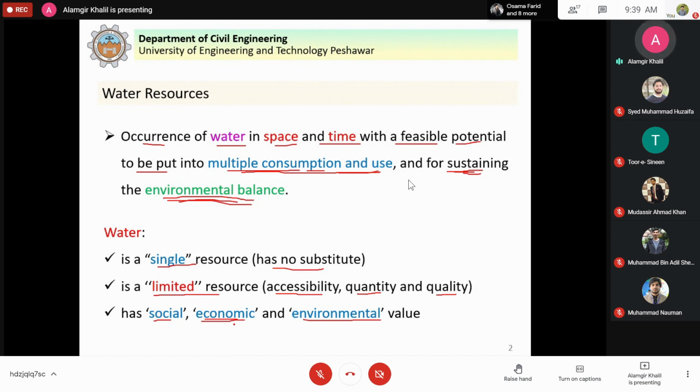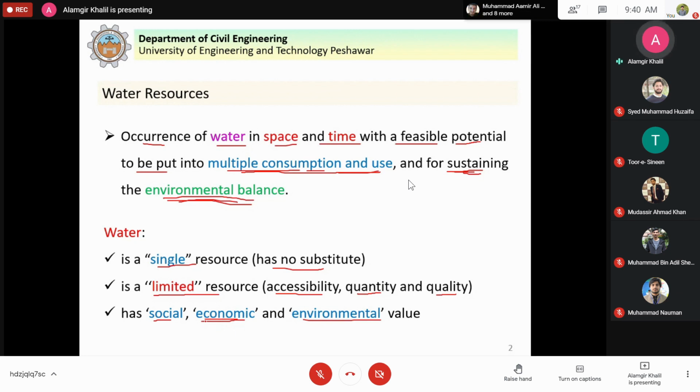And that way money is used for maintenance of the systems that supply the water. For example, we use the water for hydropower production. So the electricity is supplied to the consumers, and then the consumers are charged for that.